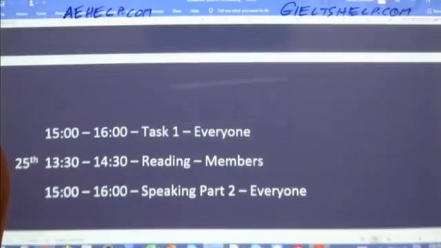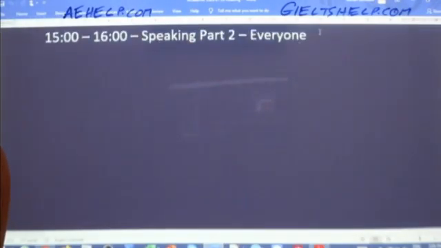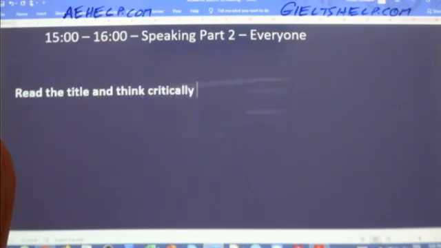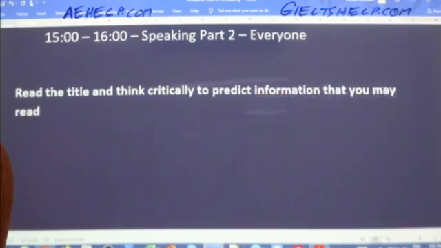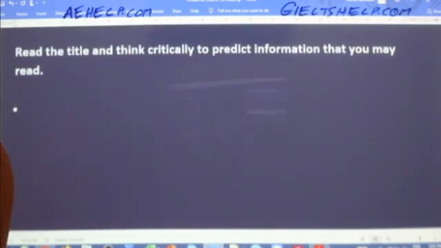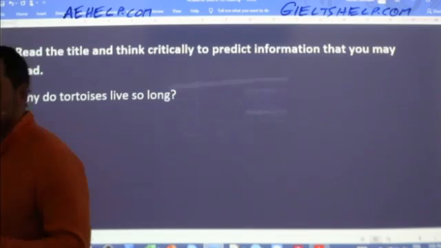So before we read, students, of course, many of you learn these from other courses as well, but read the title and think critically to predict information that you may read. So the example here is, why do tortoises live so long? What's the answer? What do you think, students?